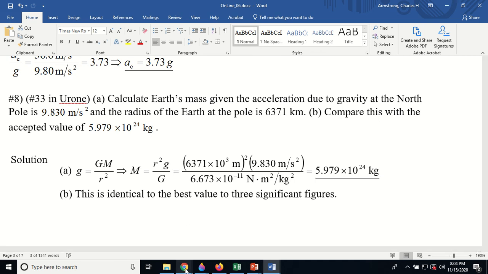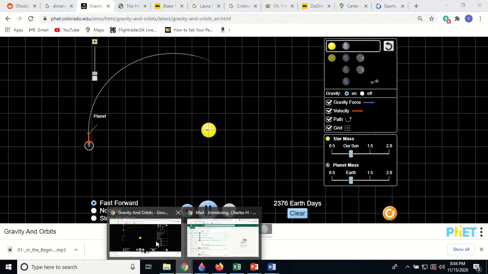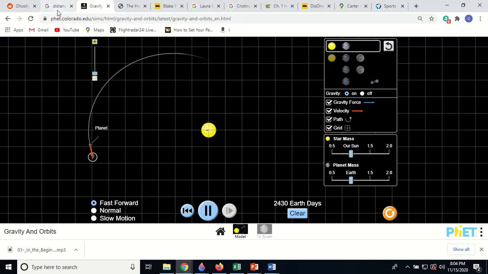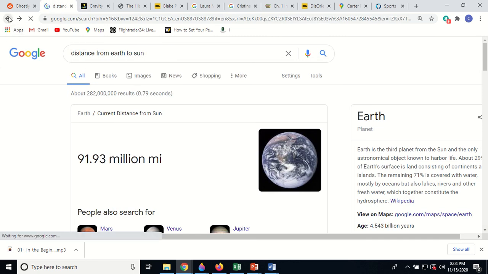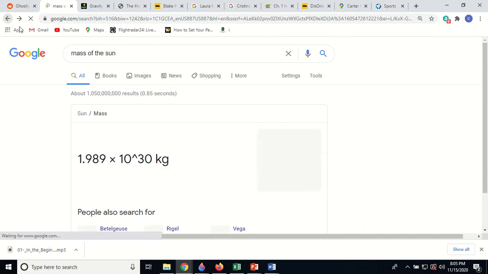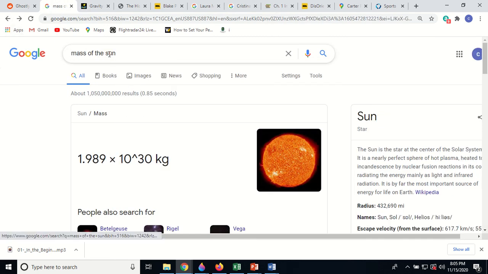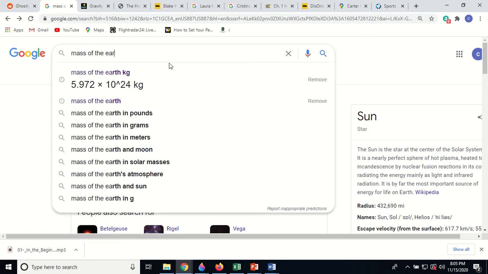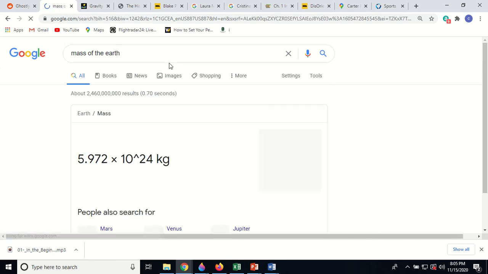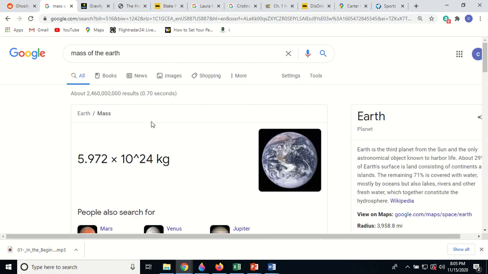I may have looked it up recently. That's the mass of the sun, let me look again. It's 5.972 times 10 to the 24th.